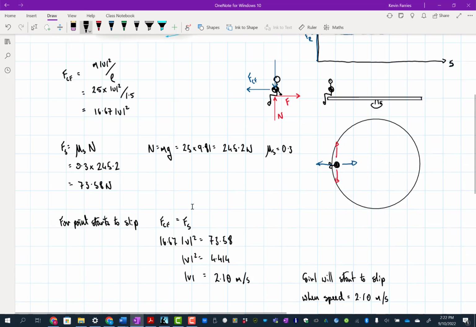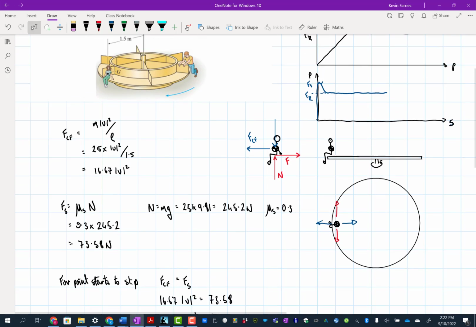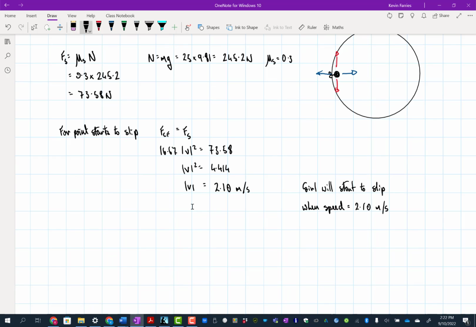If we think about how many rotations that would be, for her to go around once, the distance for one revolution is equal to pi times the diameter, which is pi times 3, because it was a 1.5 radius.